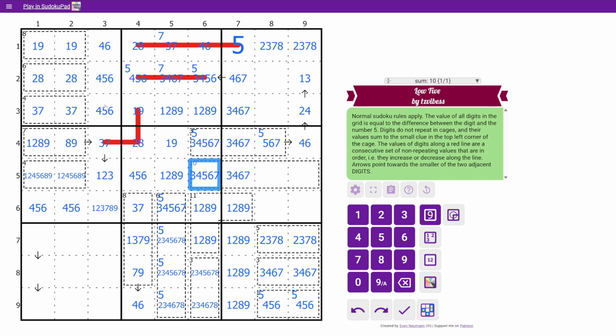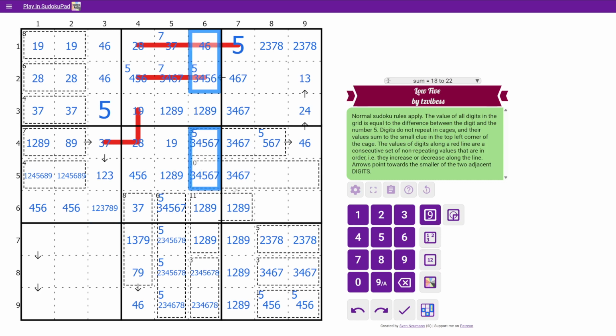The 5 must go down here. I might have had that for a while. I've got the 5 marked there already. Don't know when I did that. Three, 4, 5, 6.